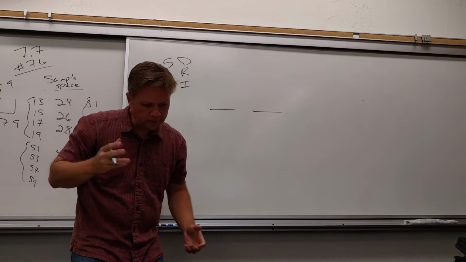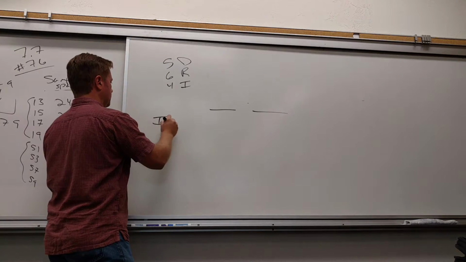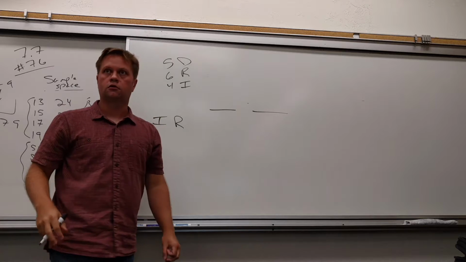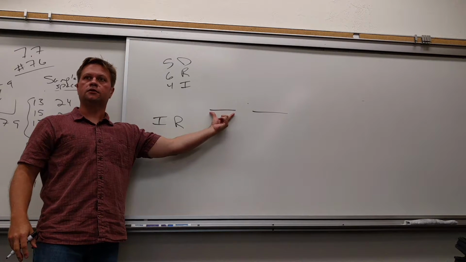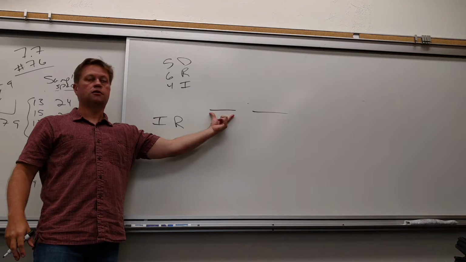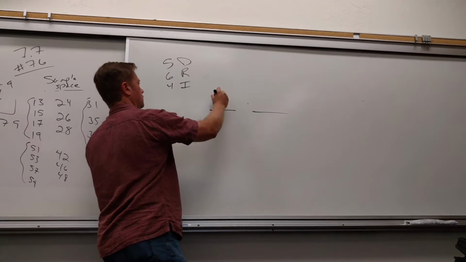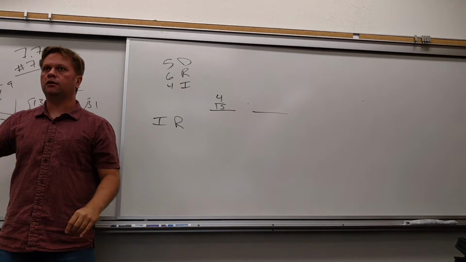So for this problem, let's say number 39. It says an independent and then a Republican. Cool. So what's the probability that the first one is an independent? 4 out of 15. So I pick that person and I put them there, that independent person.